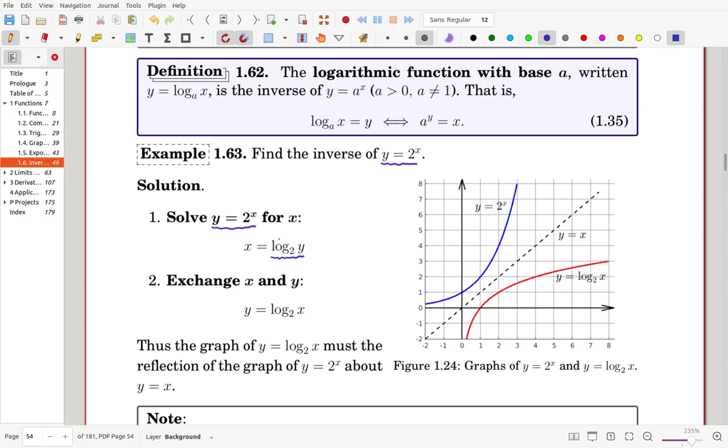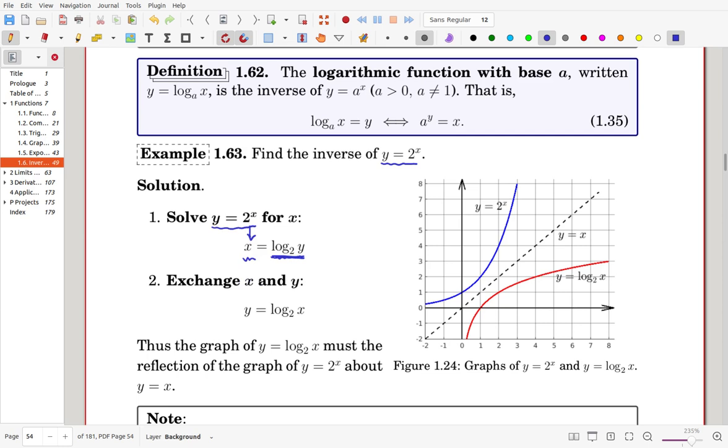So log is a sort of notation or symbol, so that when this equation is solved for x, the result is represented as a function of y.